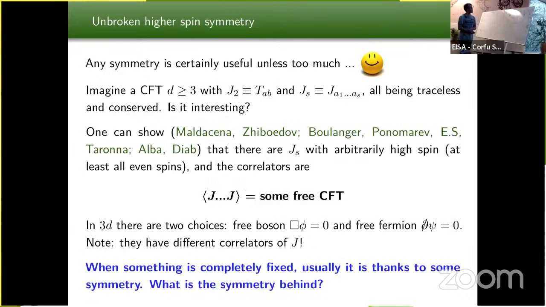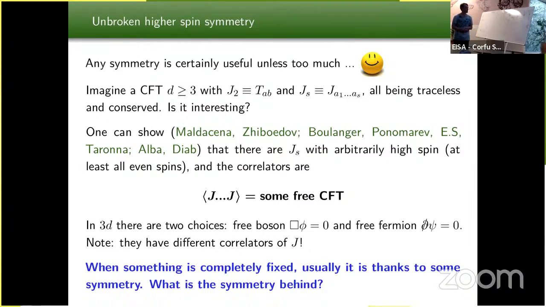We've seen that at least in free theories, you can easily construct these higher spin tensors, but what about the opposite statement? Can you imagine some conformal field theory in dimension 3 or greater with a stress tensor, that's normal, and with at least one higher spin current, which is a bit abnormal? And in fact, the statement is that, assuming this, you can show that in this conformal field theory, you in fact have higher spin currents of all spins, and correlation functions of those look like in some of the free conformal field theories.